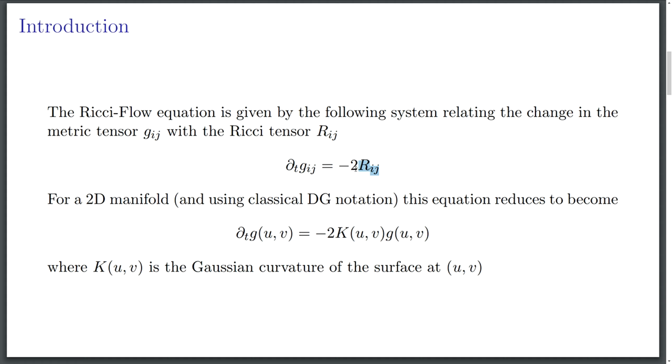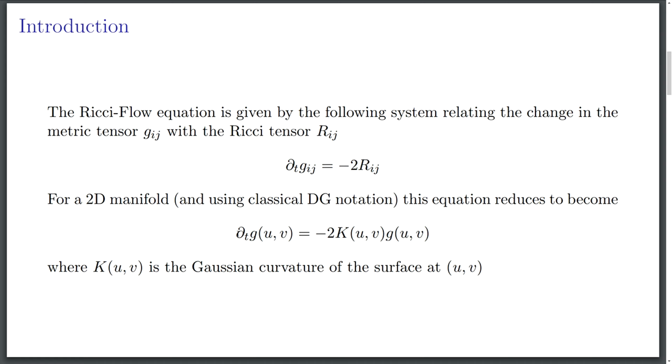Since we are talking about a sphere, we have the luxury of choosing what framework and notation of differential geometry we want to work in. So let's just use the classical notation for differential geometry, where everything just becomes matrices and functions.